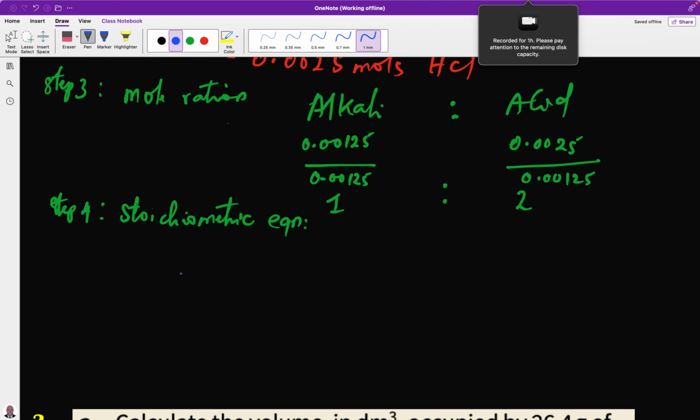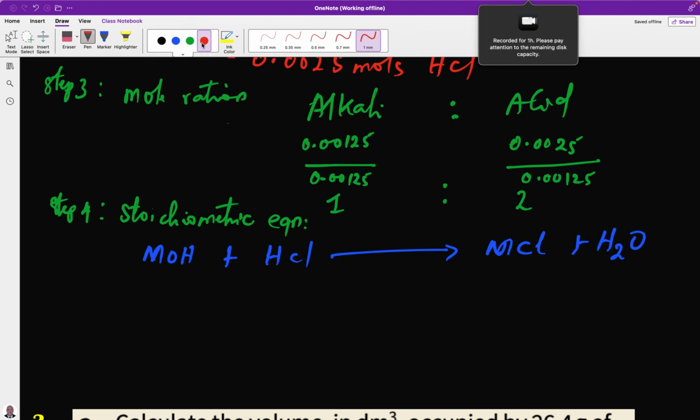If the alkali is a group 1 hydroxide, let's say sodium hydroxide, this is going to be the formula: metal hydroxide, MOH, plus acid to give MCl plus water. Let's balance it.